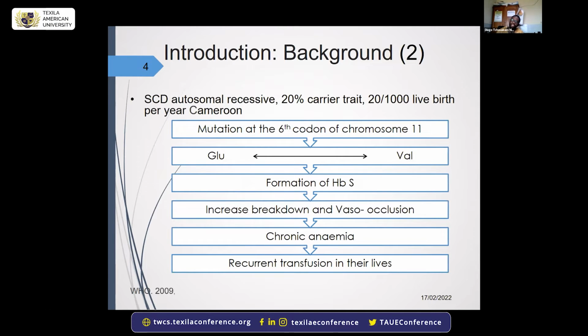It is a medical condition where there is a mutation at a codon of chromosome 11, leading to a change in the amino acids in the formation of hemoglobin S. Glutamine is substituted for valine, and this constitutes hemoglobin S. This hemoglobin S easily breaks down and causes vasoconstriction with chronic anemia and recurring crises. These clients are recurrently transfused throughout their lives.